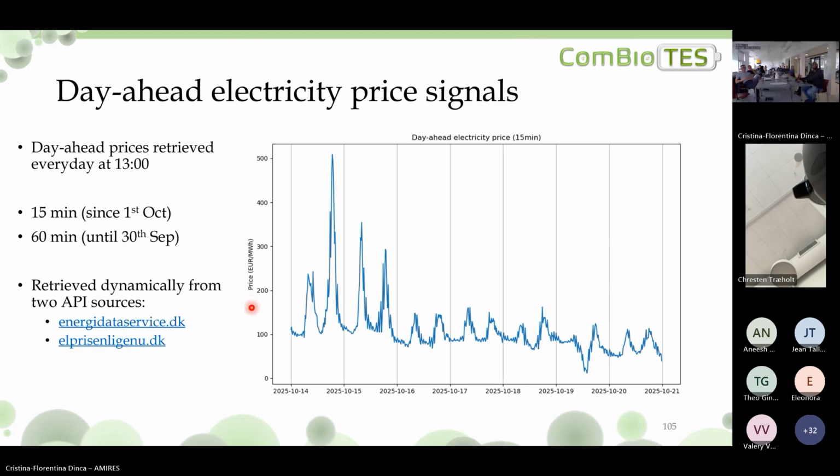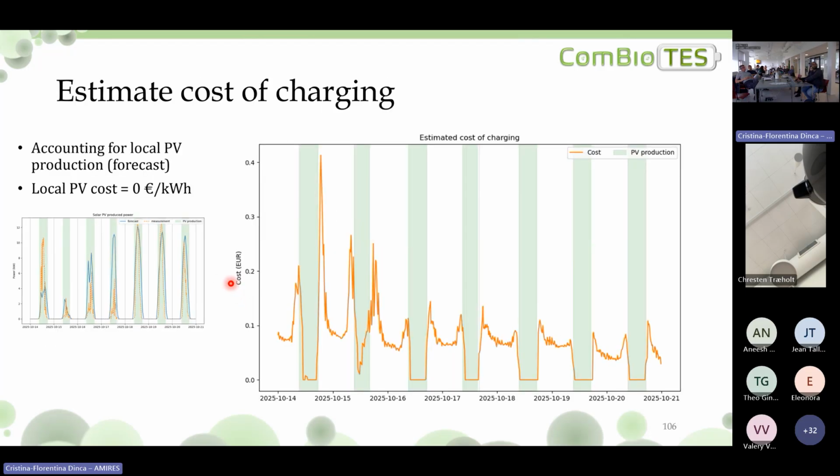On the other hand, we obtain electricity price signals, the day ahead prices for tomorrow, every day at 1 o'clock. From October 1st, the Nord Pool prices have moved to 15-minute intervals. So our control strategy is every 15 minutes. And we use the PV production estimate and the day ahead prices to calculate this so-called cost of charging.